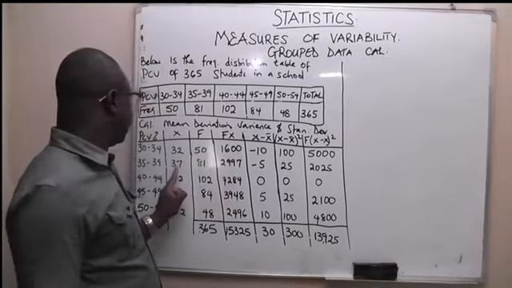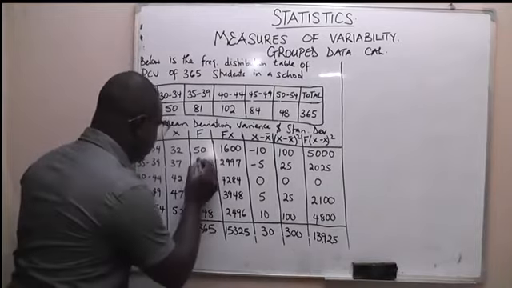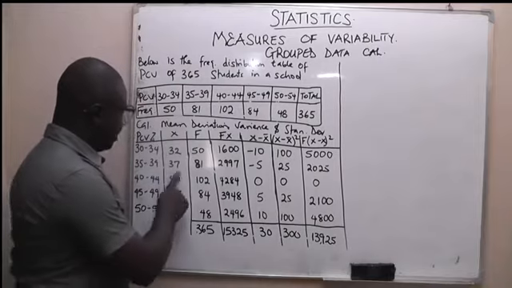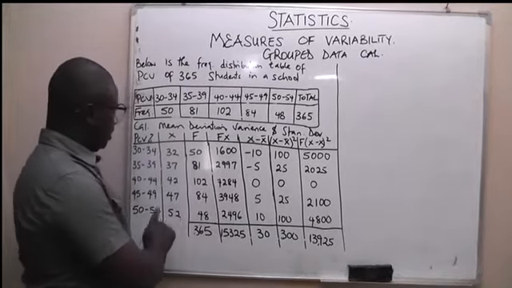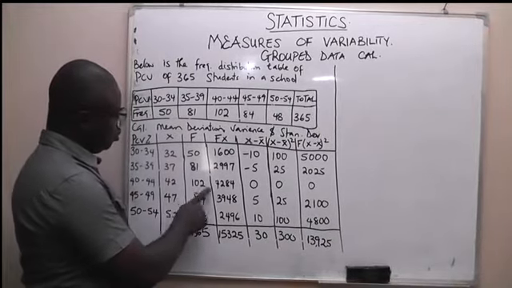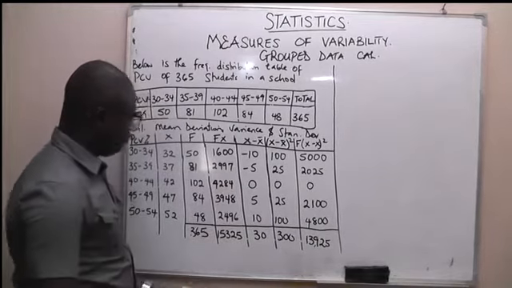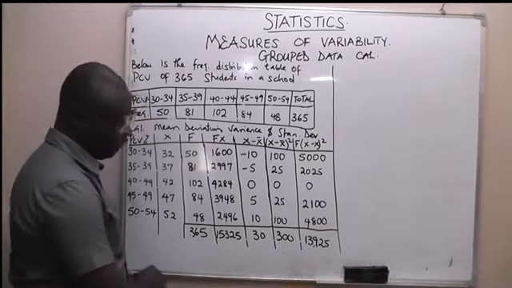If you multiply 37 by 81, you get 2,997. Then if you multiply 42 by 102, you get 4,284. And then you do that for all of them.